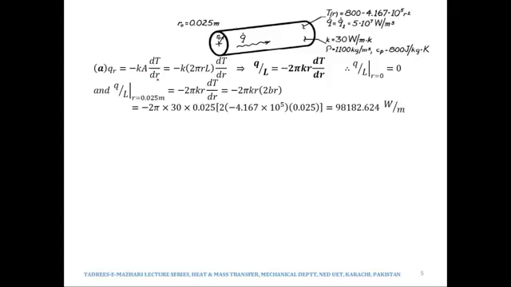Rather we were simply asked to find out the heat transfer per unit length, and for heat transfer we can start with Fourier's law of heat conduction. In radial direction it will be -k dT/dr, and area would be 2πrL and not πr². Why? Because this is the area 2πrL or πdL, where the heat will come out in radial direction.